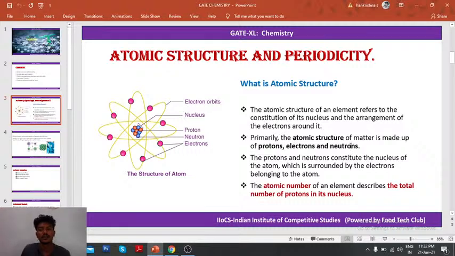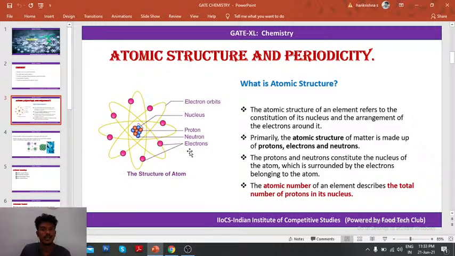The atomic structure of matter is made up of protons, electrons and neutrons. The protons and neutrons constitute the nucleus of the atom, which is surrounded by the electrons belonging to the atom. Then the next thing is the atomic number.